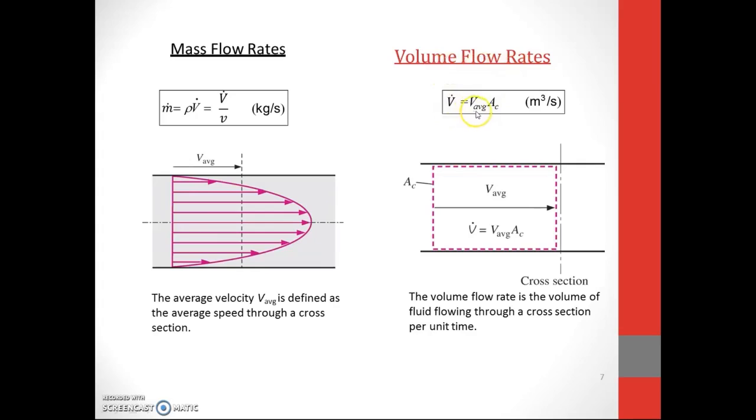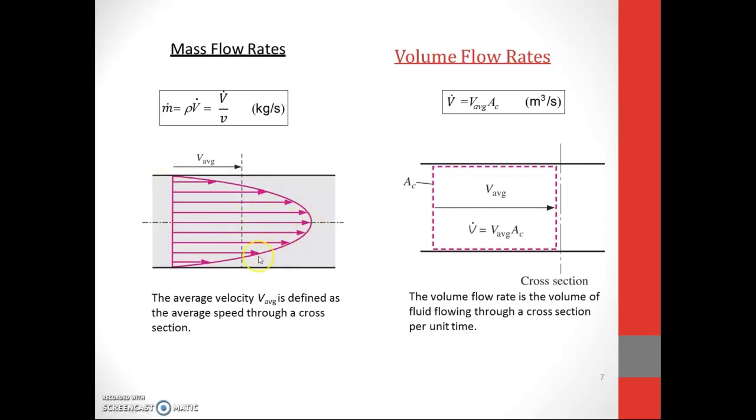Volume flow rate equals V average and cross sectional area. So this is the average velocity. The average velocity is defined as the average speed through a cross section. This is a bulk fluid. When it flows, how do we identify a single velocity of the particles?